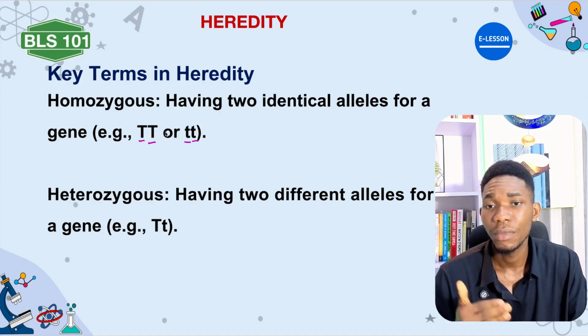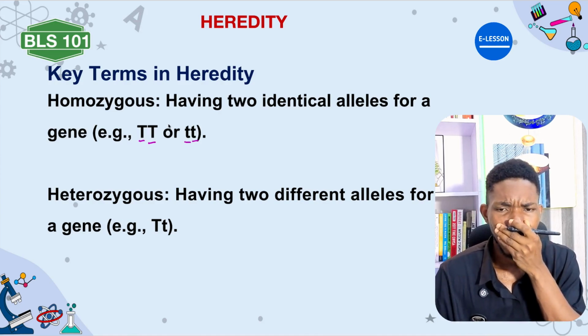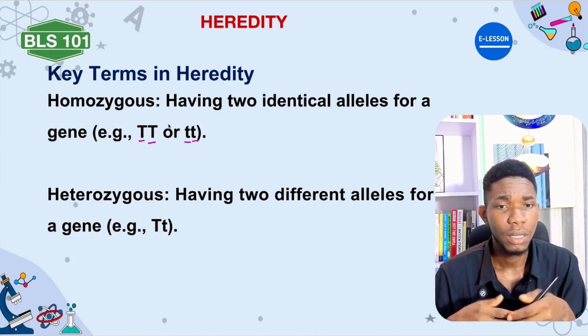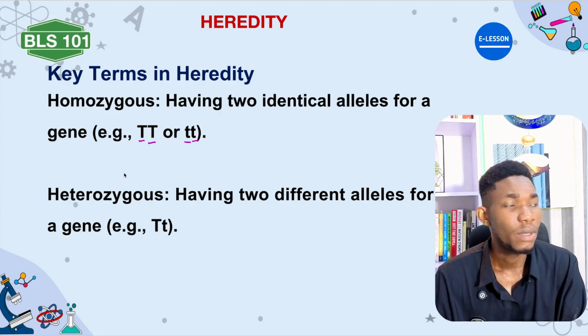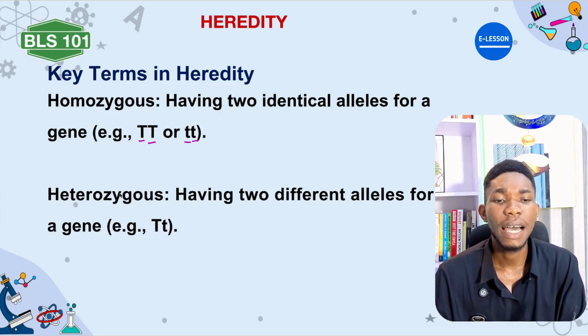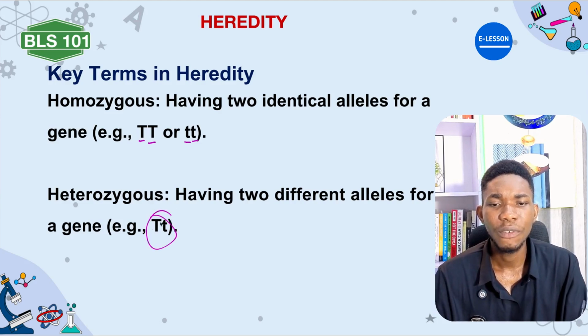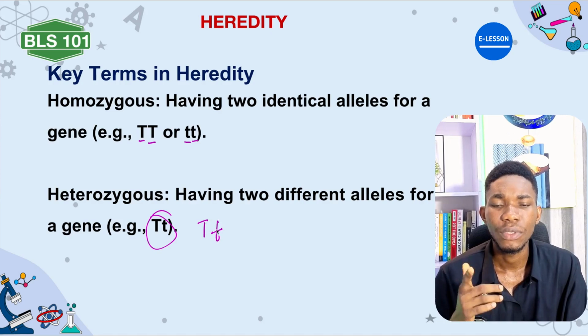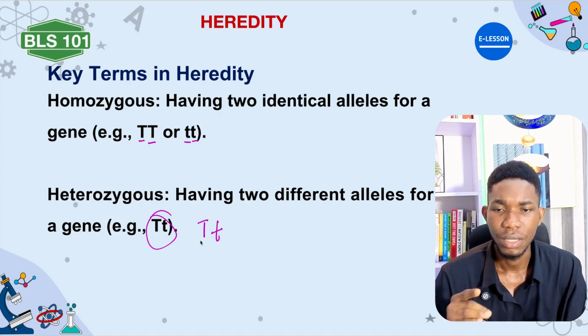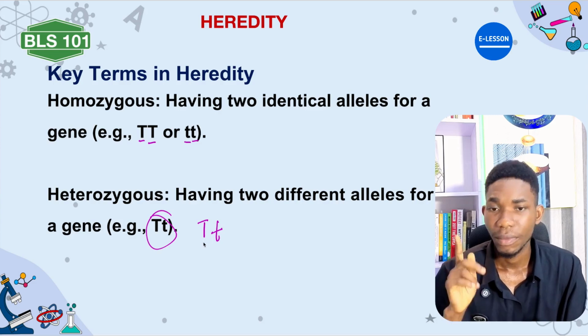That means if they are the same, you say it is what? Homozygous. And homo has to be like the same. While heterozygous means having two different alleles for a particular gene. For instance, you have an alternative form like this. This is for tall, and this is what? Short. Are you getting it? This is for tall, and this is for short. These are two different alleles for a particular gene.